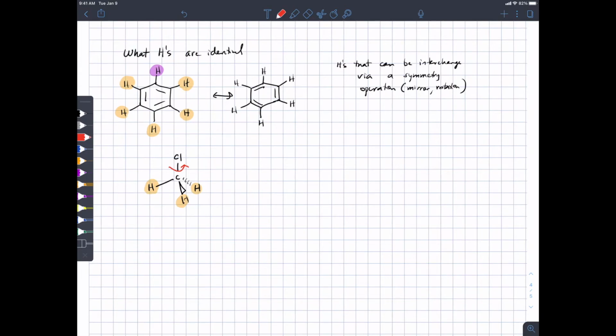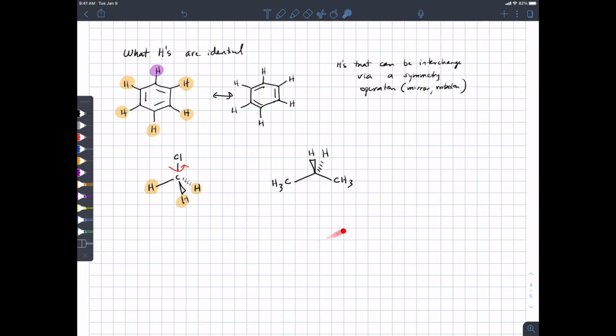If by rotation you can interchange the position of protons, then they're identical. In general, at temperatures that we're interested in, where rotation is possible, protons in a methyl group will be identical to each other. All right, we're maybe getting bored. And if you are, that's good, if you get the answers right.